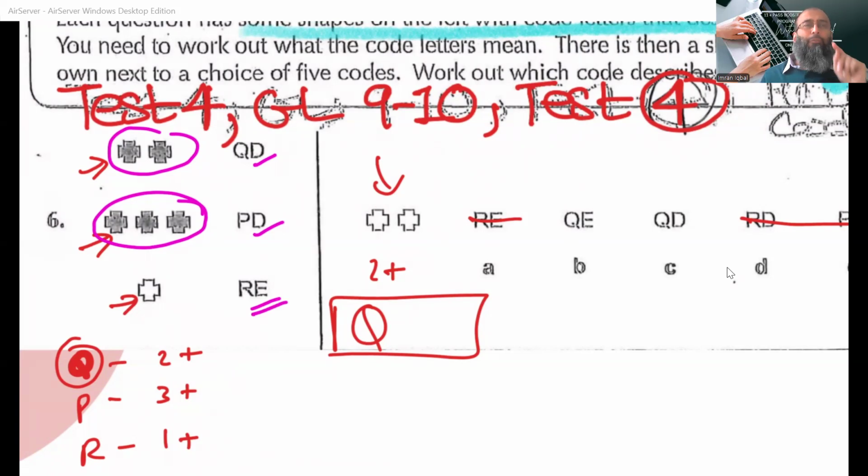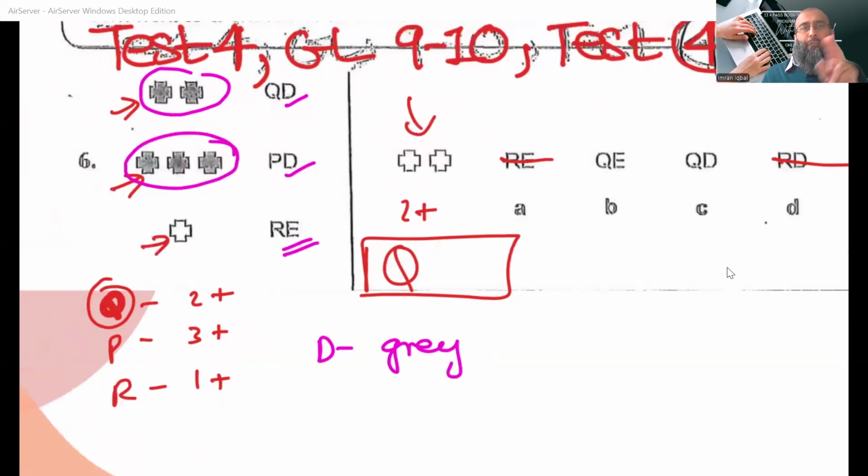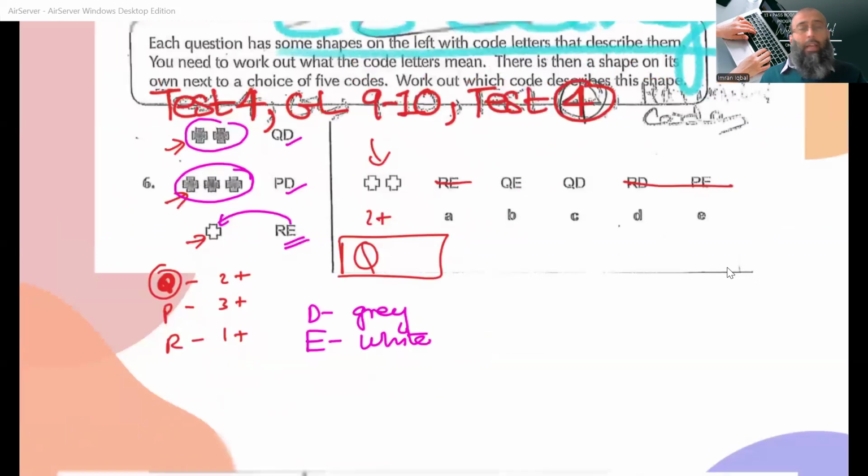So D must stand for the gray shading. If D is gray, that means E must be the white shading. So now we have used the commonality to establish that D stands for gray, and E stands for white.